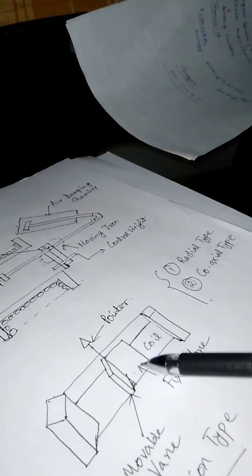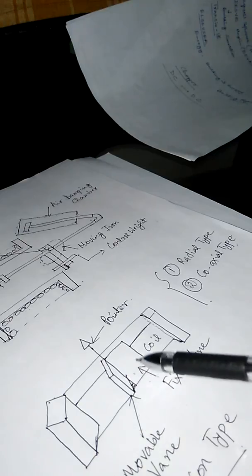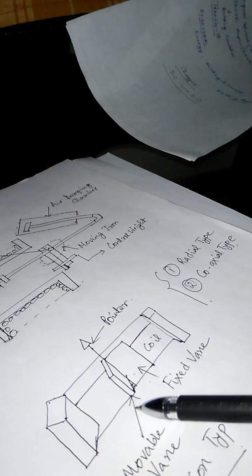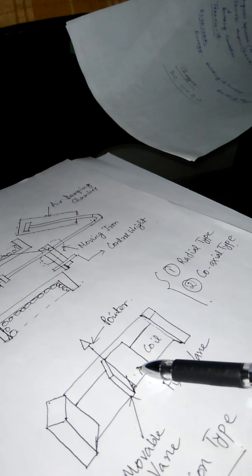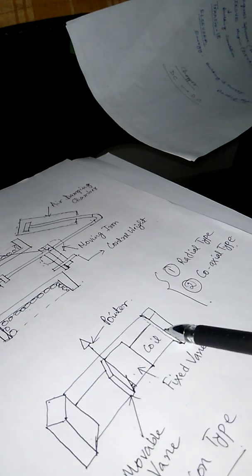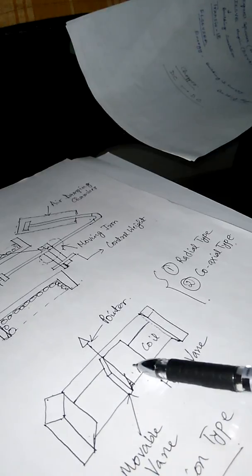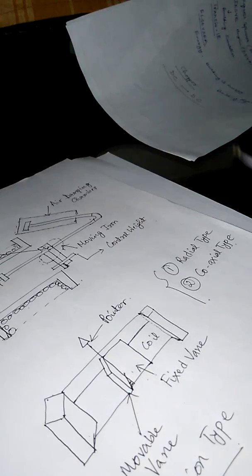One is going to be fixed, another is movable, and the fixed vane and movable vane are both magnetized by the electromagnet. So they are going to repel each other. So one is the repulsion type, another is the attraction type.